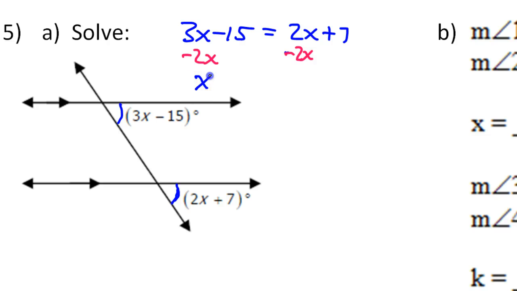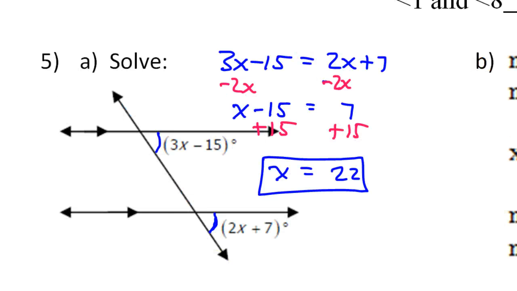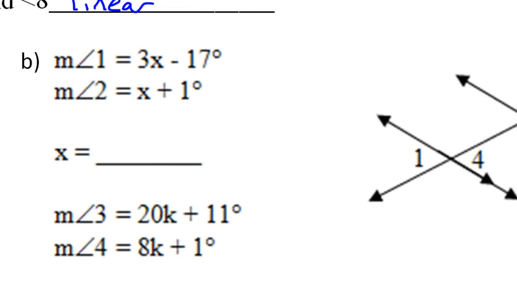That gives us x minus 15 is equal to 7. Then let's add 15 to both sides. So that gives me x is equal to 22. Okay, let's move on to part B.